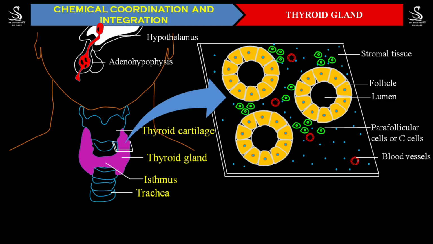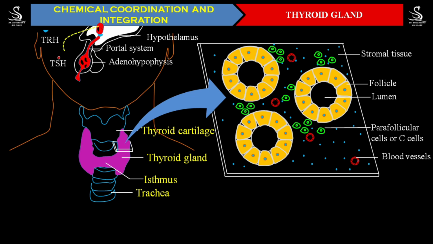Adenohypophysis is well connected to the hypothalamus with the help of a portal system, called the hypophyseal portal system. The anterior pituitary gland secretes the thyroid stimulating hormone, which is essential for the activation of the thyroid gland for the secretion of thyroid hormones. Then how does it occur?